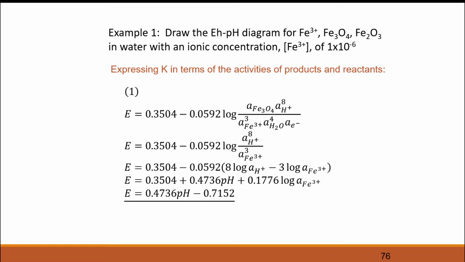So we should end up with this value, and this now is an equation of a line, because EH is the Y, pH is the X, and this value is your Y-intercept, or the B.